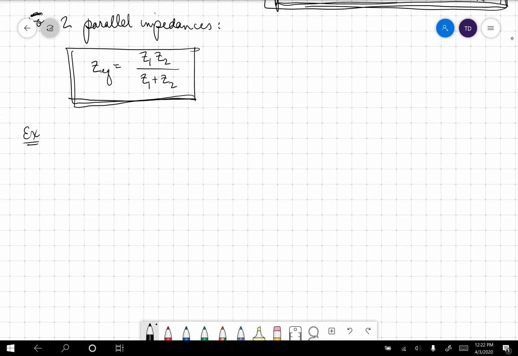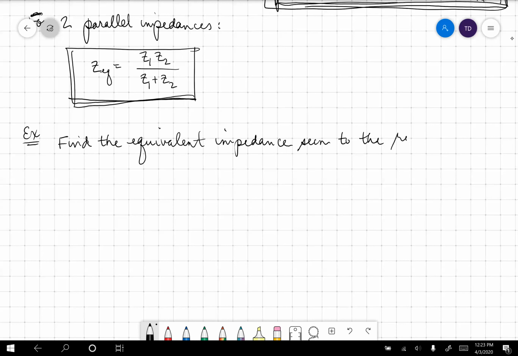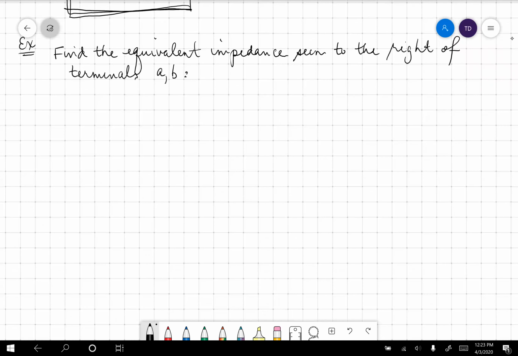All right, let's look at an example. Let's find the equivalent impedance seen to the right of terminals AB. So here's the circuit, or the portion of the circuit.